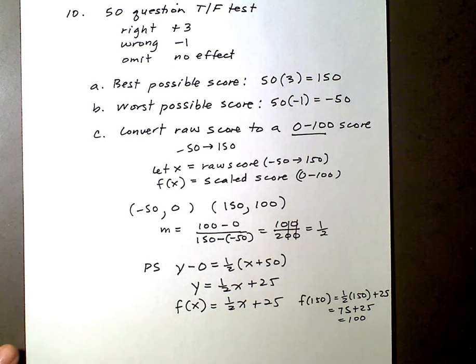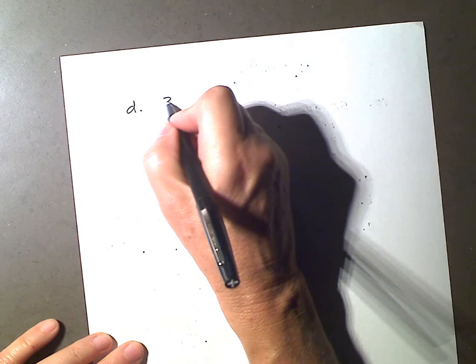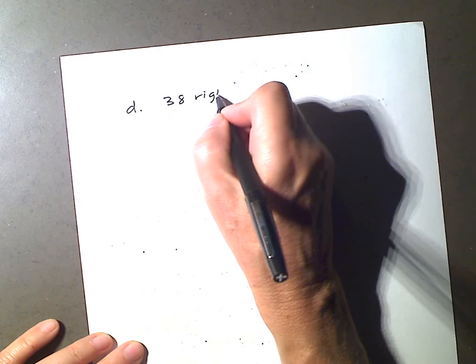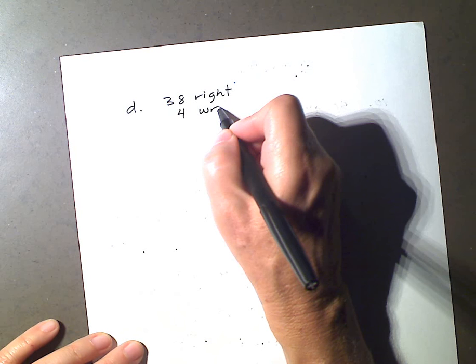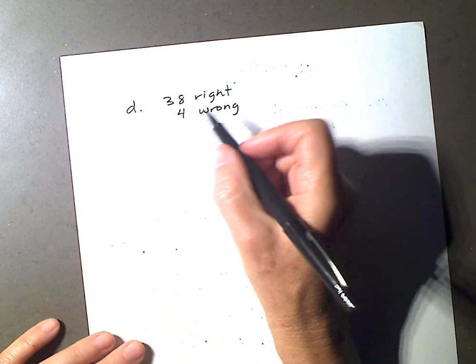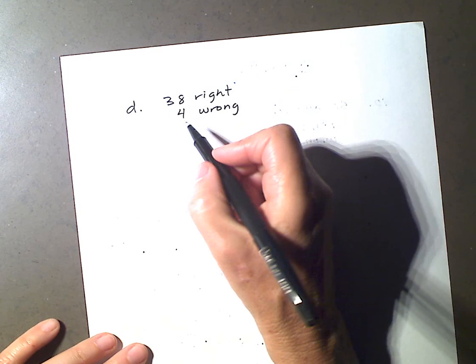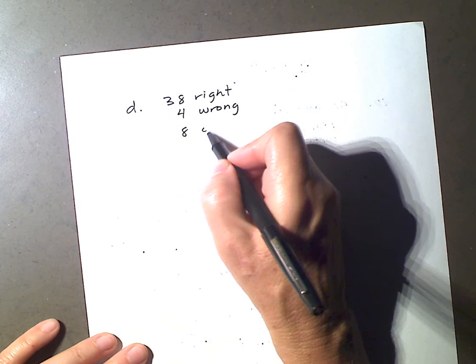So then the last question is, let's turn this over, part D: what about if you got 38 right answers and 4 wrong answers, and so that's 42, so then the other 8 you omit.